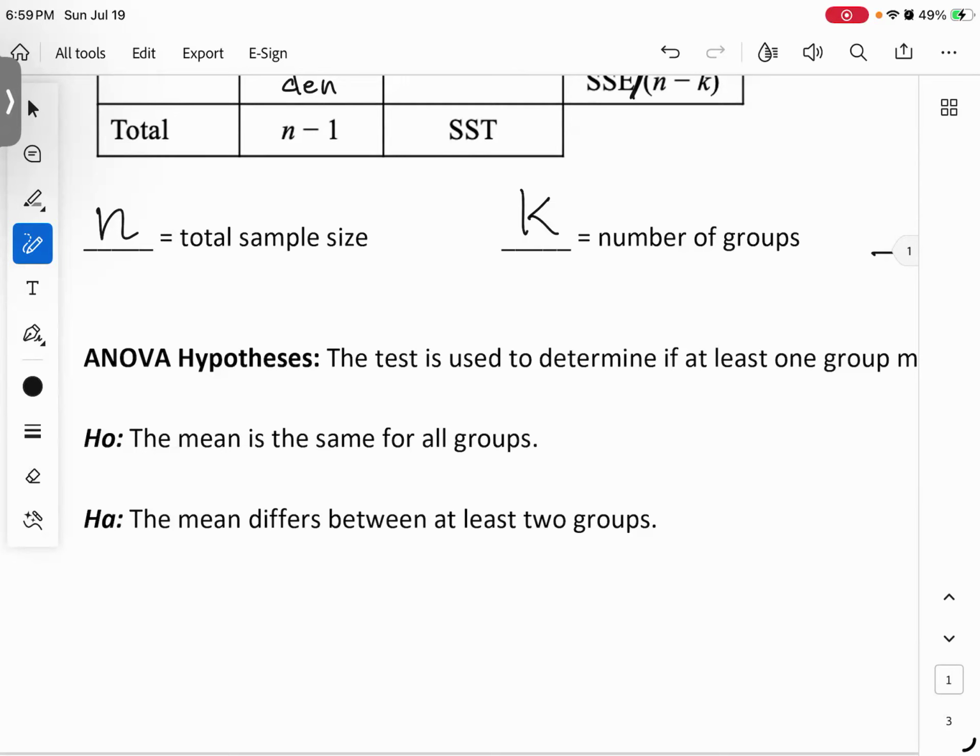But what the null is going to say is that nope, everybody's the same height. Everybody's got the same average height. But then what the alternative is going to say is no, there's going to be a difference, where the mean difference is between at least 2 of the groups. There could be a couple of them that are the same, but at least 2 are going to be some distance away from each other when we compare their averages.